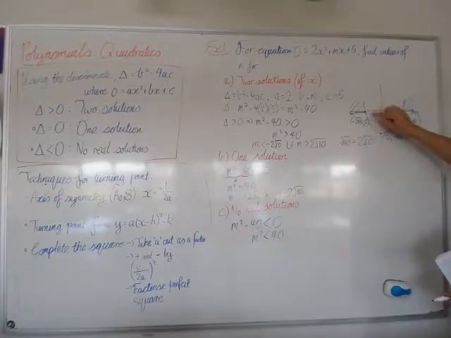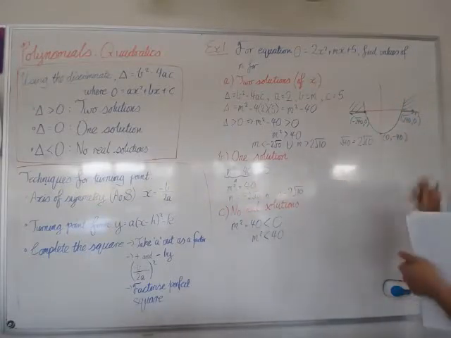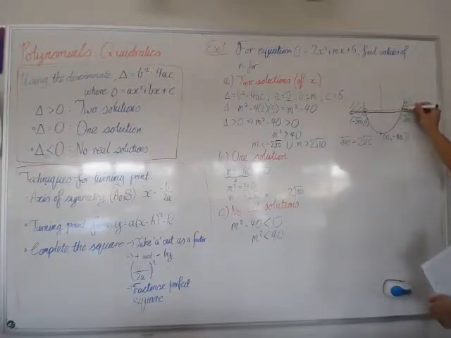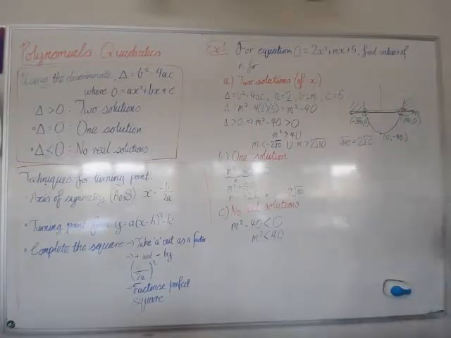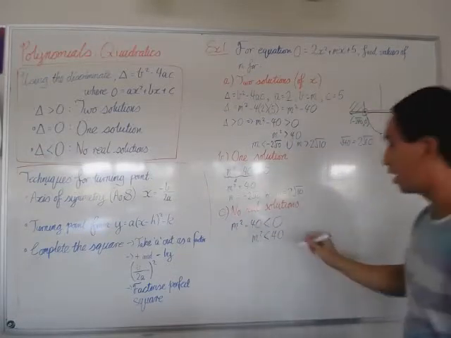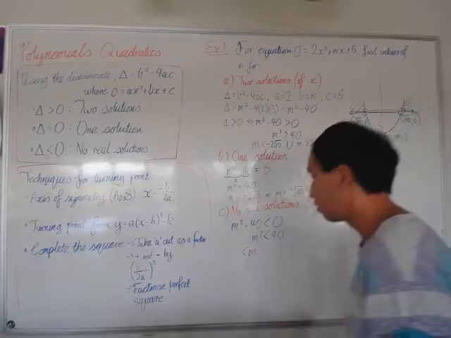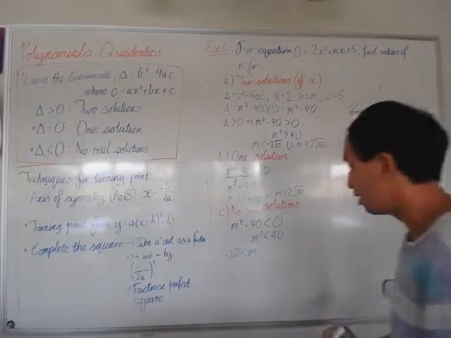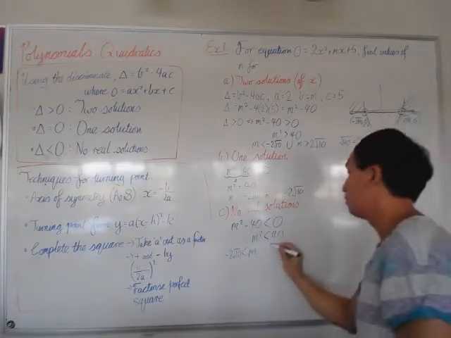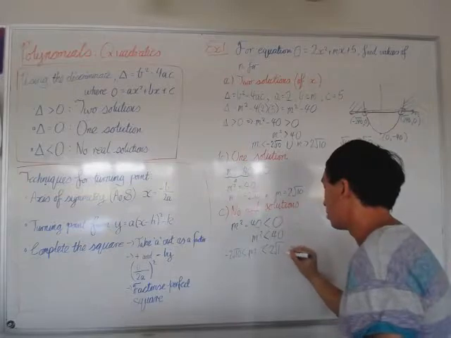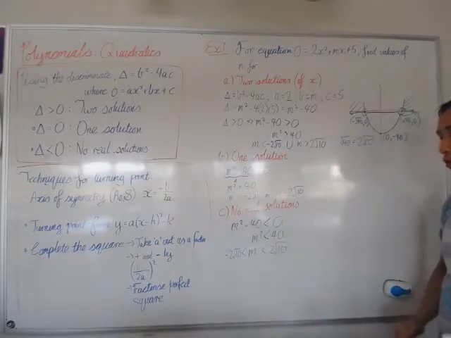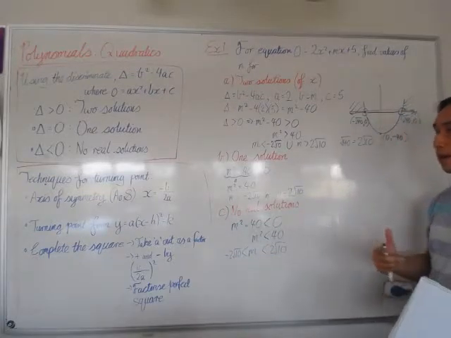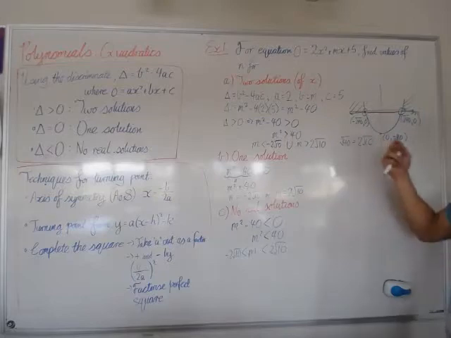And we can see that it's from this point all the way to this point. To define that interval, m is coming from negative 2 root 10. So m is greater than this, but it's also bounded by positive 2 root 10, so m is also less than 2 root 10. And that would be your final answer for no real solutions. If m falls between these two values, then you're going to have no real solutions for x in this equation.